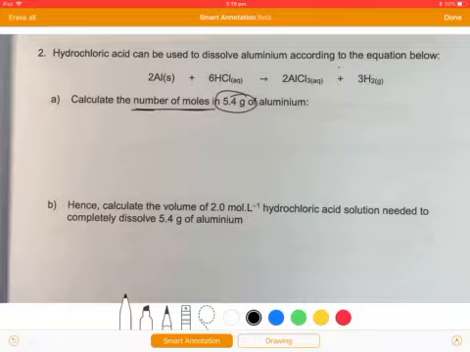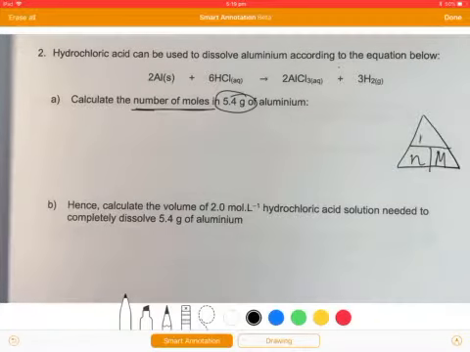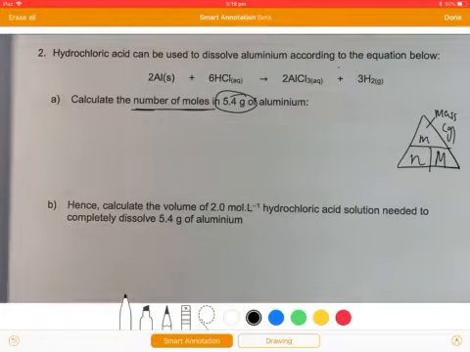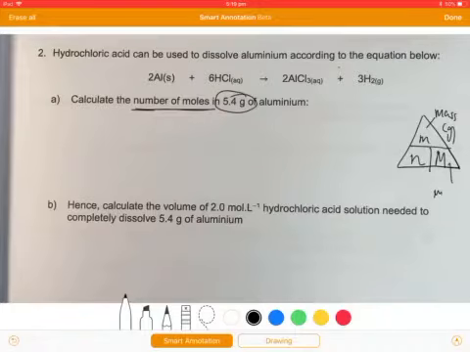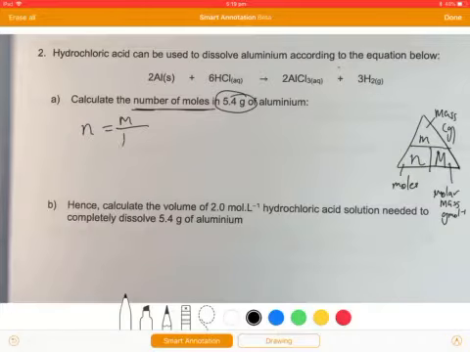To do that, if we remember our triangles, where little m is mass in grams, big M is molar mass in grams per mole, and N is the moles. From that we'll use the equation N equals mass divided by molar mass, because we know the mass is 5.4 grams and we can work out the molar mass.